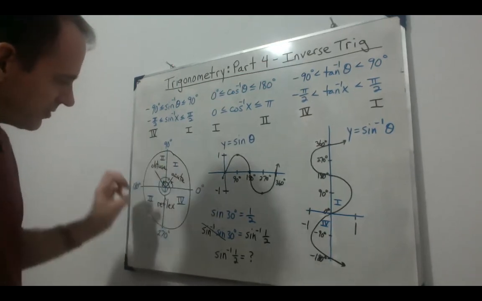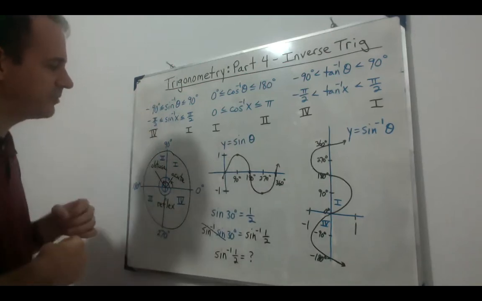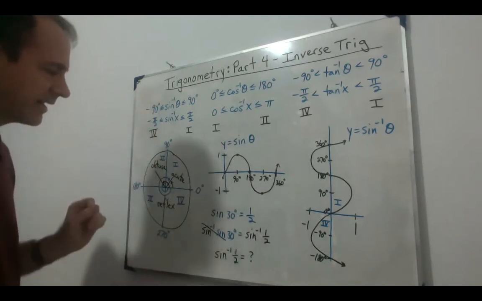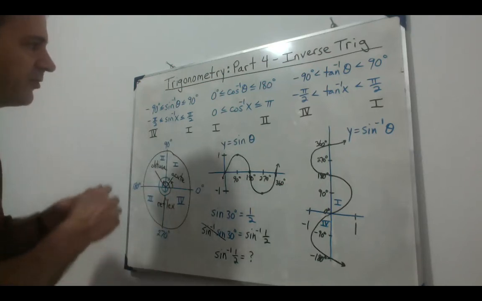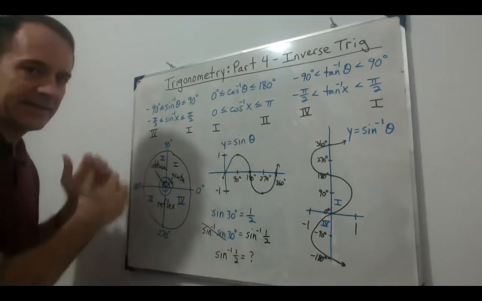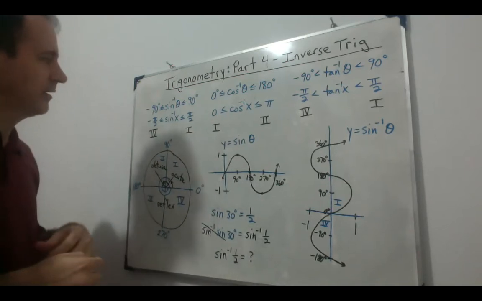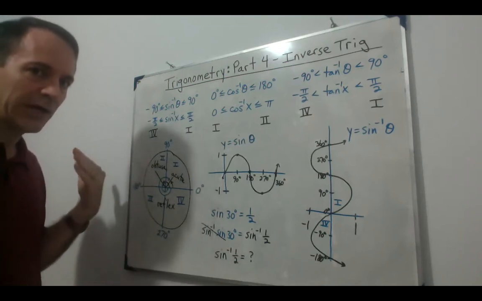Remember, all students take calculus, so sine is positive in the first and second, and it's negative in the third and fourth. So we have one positive quadrant and one negative quadrant. Now, why did they pick quadrant 4 and not quadrant 3?